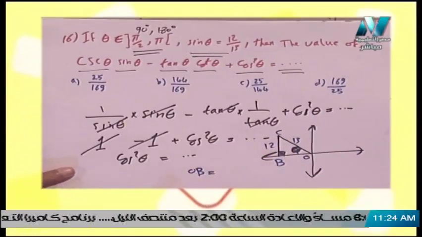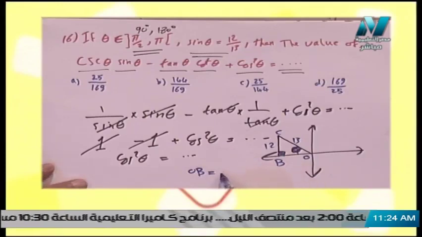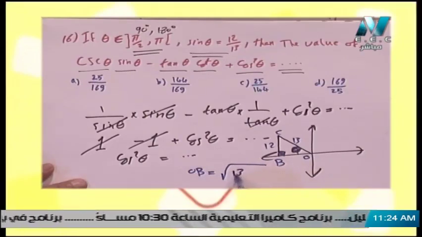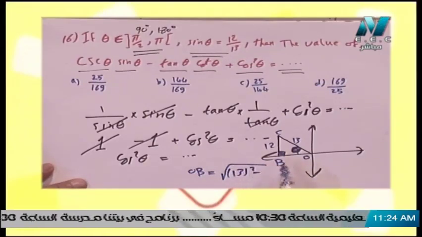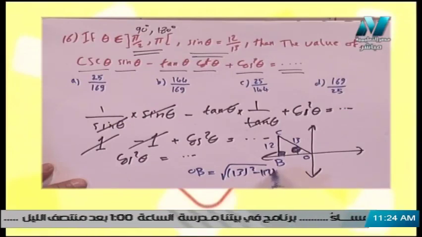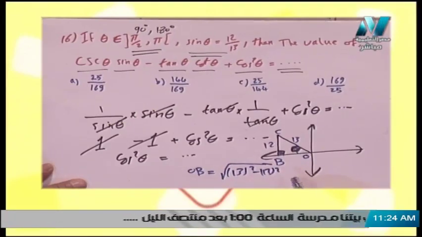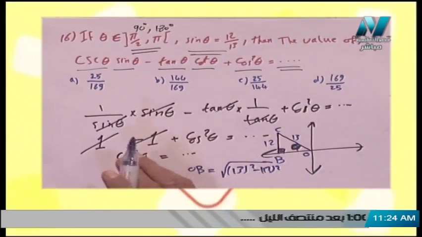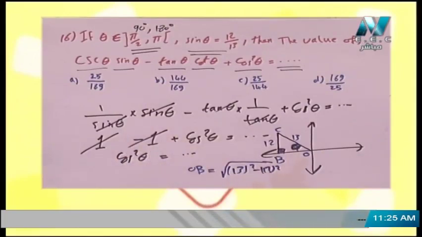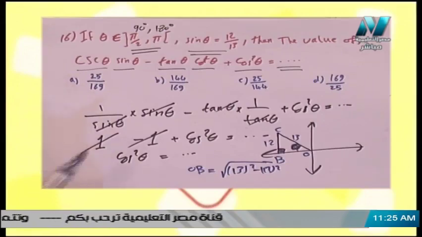OB here equals square root of 13 power 2 minus 12 power 2. Okay, we can solve it using the calculator here.